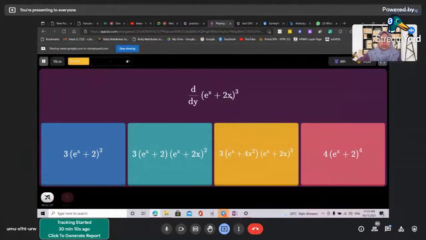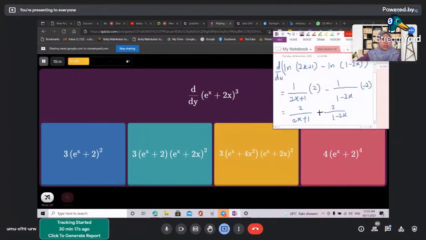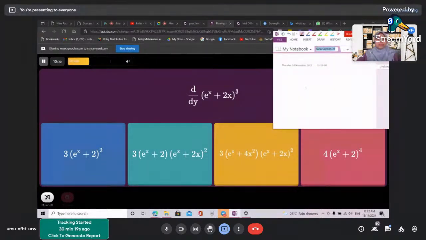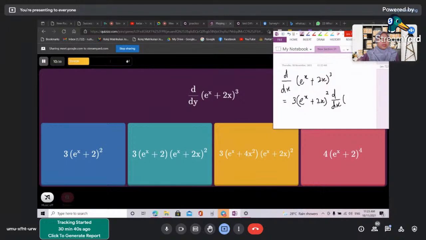So you need to use general power rule. Bring the power to the front. So 3 times bracket e power of x plus 2x, power of 3 minus 1 is 2. And then you need to differentiate the expression inside the bracket.